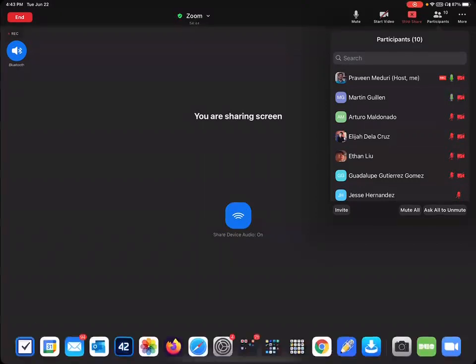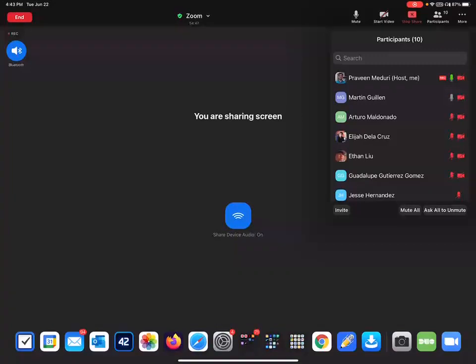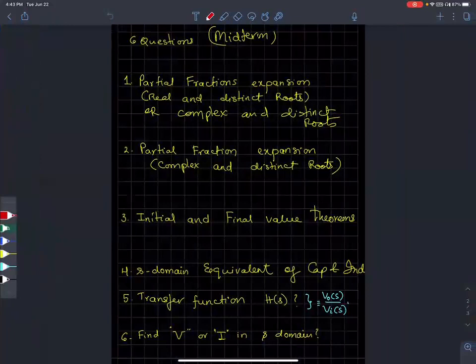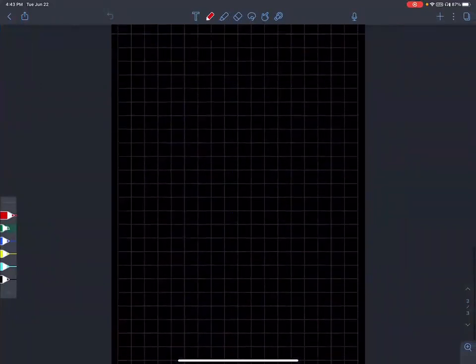So for example, let's see if I can pick a homework problem that is similar to the exam problem. You're still able to see my screen, right? Yes. Okay. So I'm looking at a homework problem that is very similar.